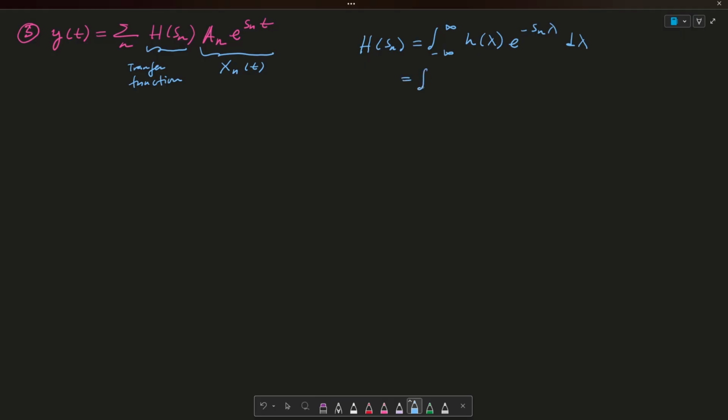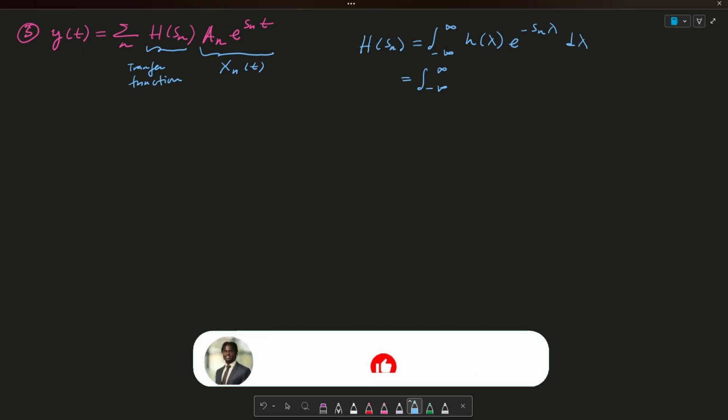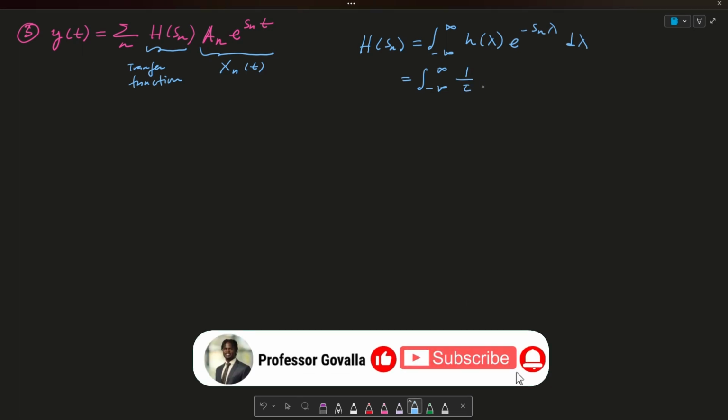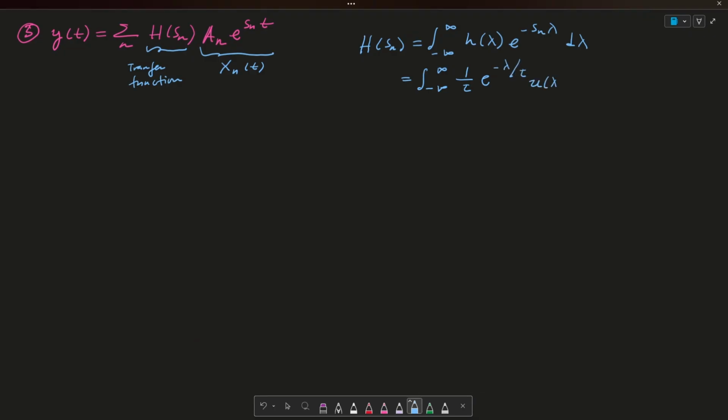So then this is equated to the integral from negative infinity to infinity, where h of lambda is just my impulse response, 1 over tau e to the minus lambda over tau u of lambda, times e to the minus Sn lambda d lambda. Again, remember tau in this case is equated to 1.